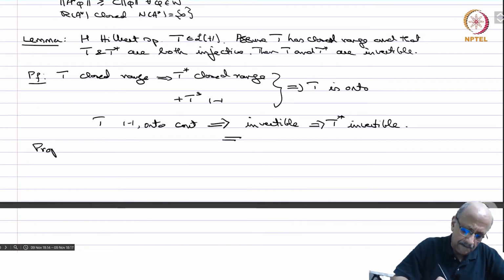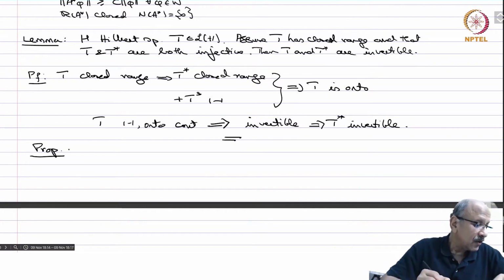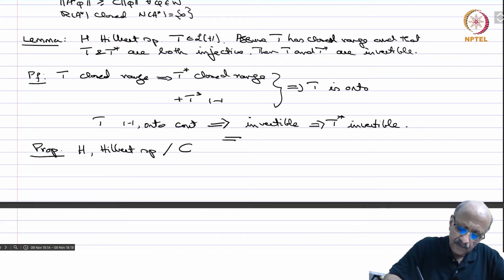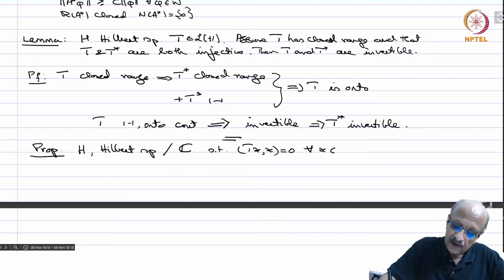Okay, proposition. So H a Hilbert space over C, okay, and this is important, such that <Tx, x> equal to 0 for all x in H, then T is equal to 0.